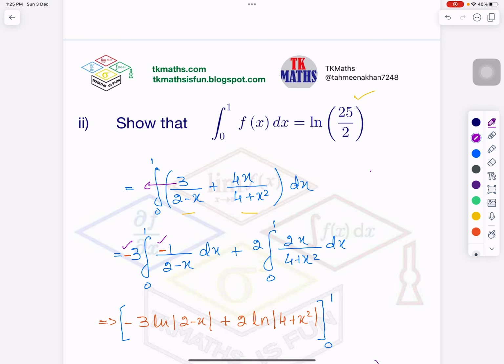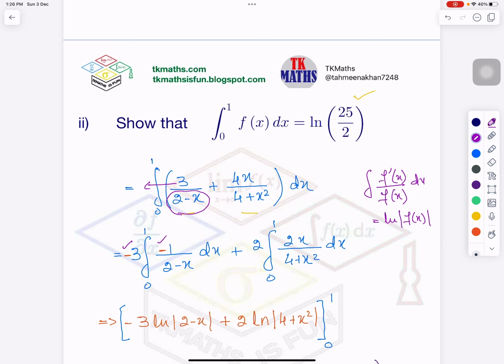If you remember the rule I explained to you earlier, when you have an algebraic fraction such that the differentiation of the denominator is present in the numerator, then the integration of such a function will be ln f of x, which is the denominator. So in this case, if you differentiate 2 minus x, the answer is what? Minus 1.